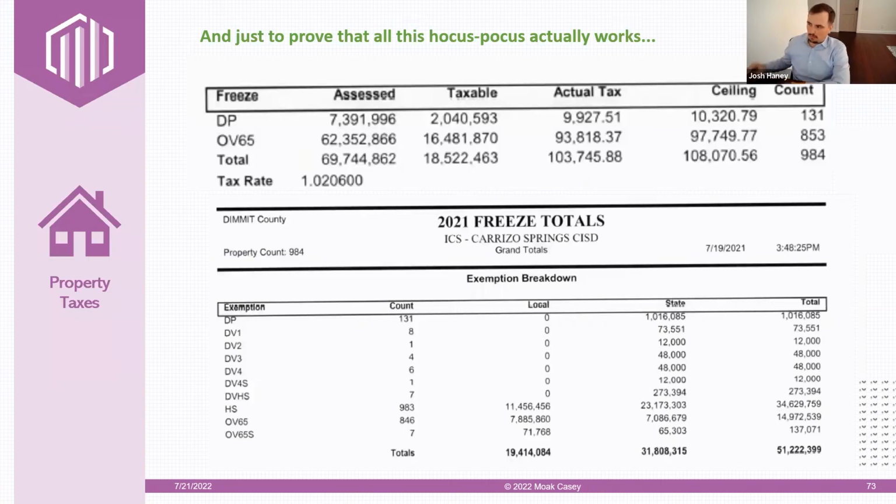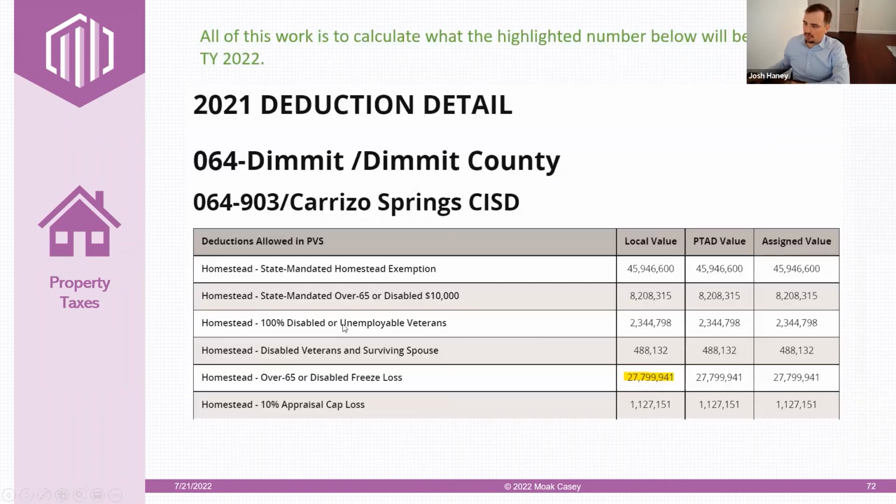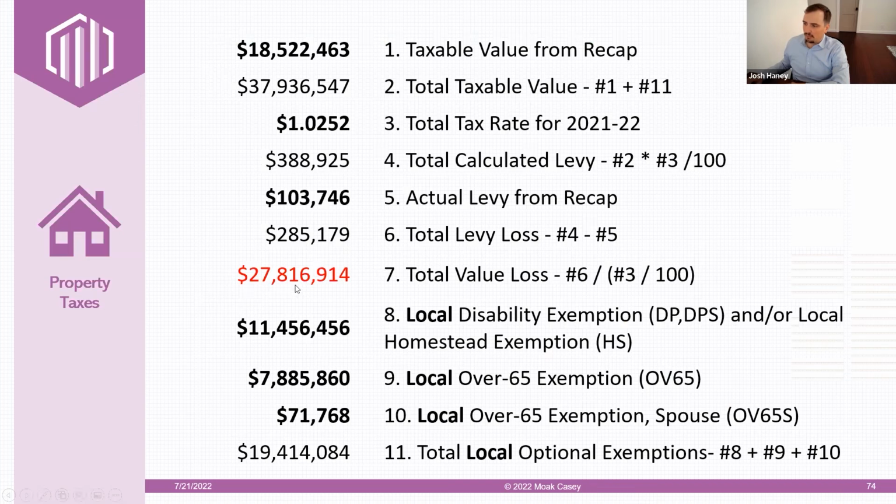I'm pulling these taxable numbers, this actual tax, and these local deductions, these local exemptions. I'm gonna bring all this into the same methodology that I had here, and you can see I get a number that's 27.8 million. I think on the other screen it's 27.79. This is 27.816. So it's a little different.